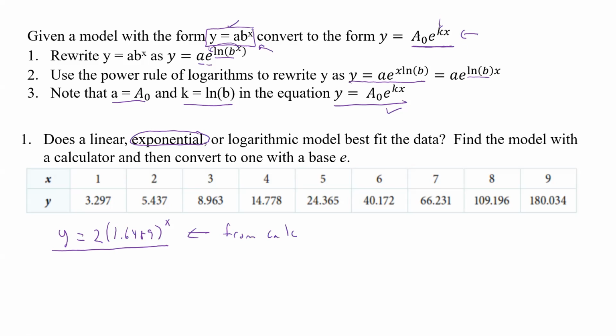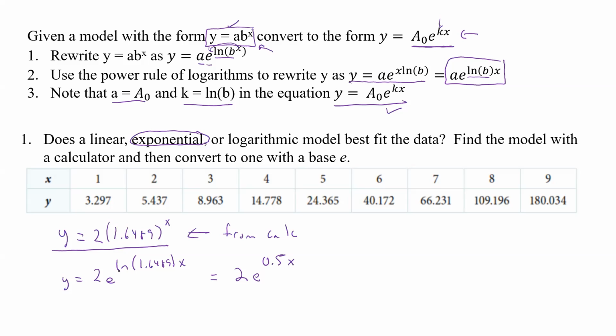But we want it in the exponential form like this. And so what we have to do is use this change to get there. When we do that, we're going to get y equals 2e to the ln of the whole thing, 1.6489, times x. And if we use all the decimal places, when we take the ln of that, what we get is 2e to the 0.5x.